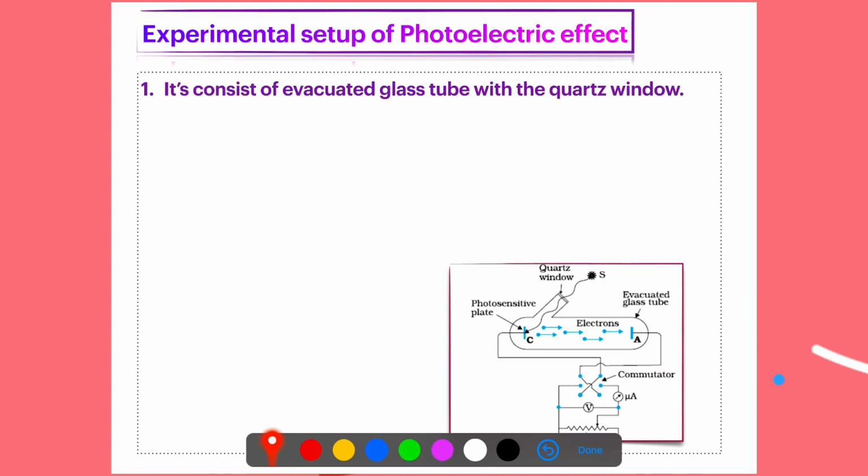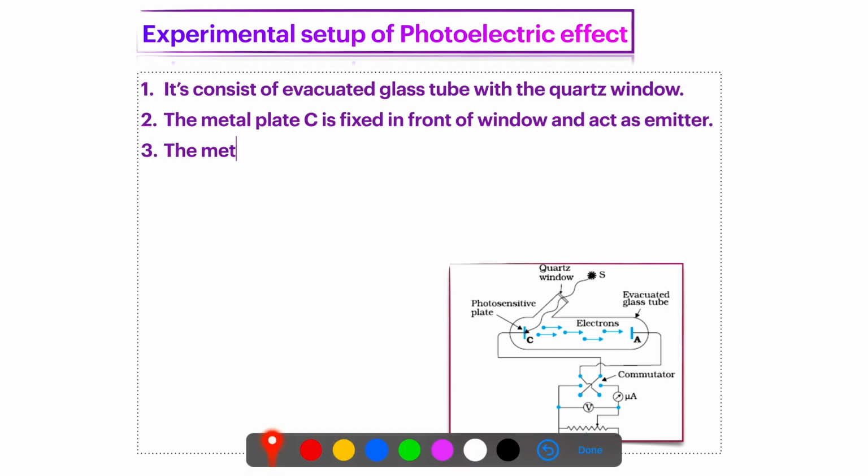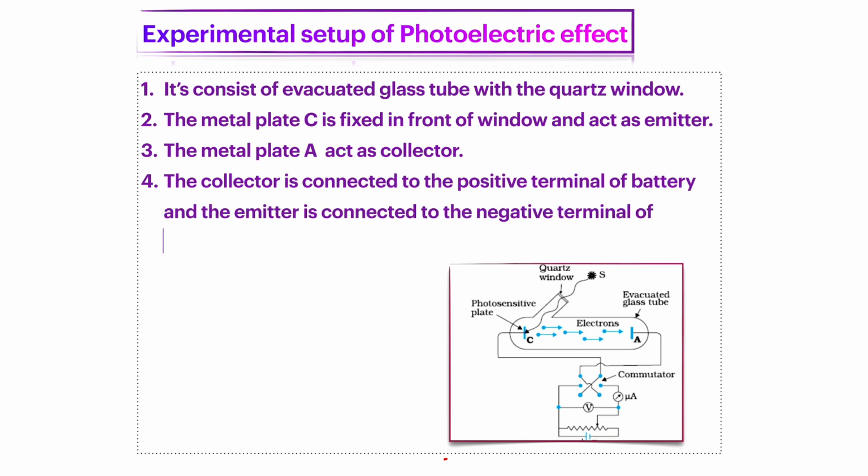This is the diagram from your textbook. The first point is that it consists of an evacuated glass tube with a quartz window. The metal plate C is fixed in front of the window and acts as an emitter. The metal plate A acts as a collector. The collector is connected to the positive terminal of the battery and the emitter is connected to the negative terminal of the battery.